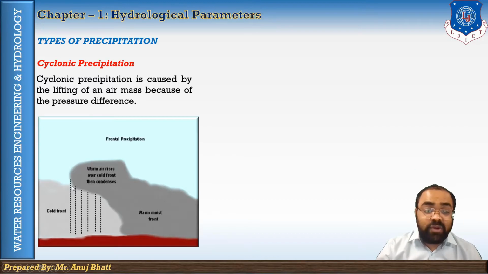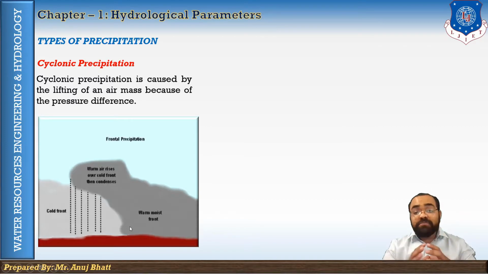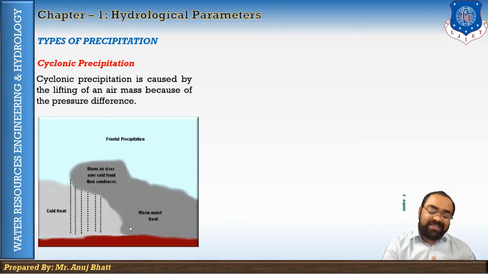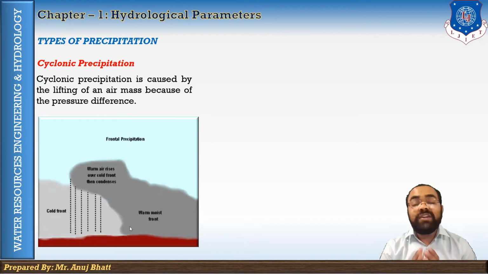So here they get in contact with each other, and at such places precipitation and condensation both occur. The surface of contact is generally called the front or the frontal surface, and the precipitation that occurs in such cases is known as frontal precipitation.